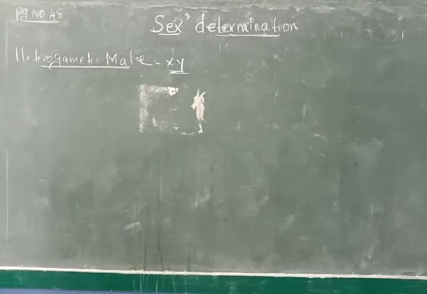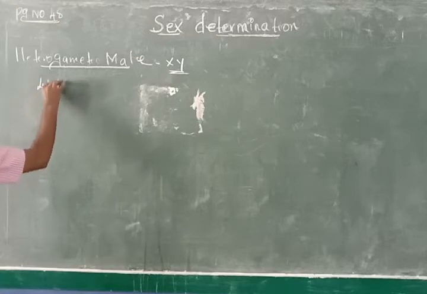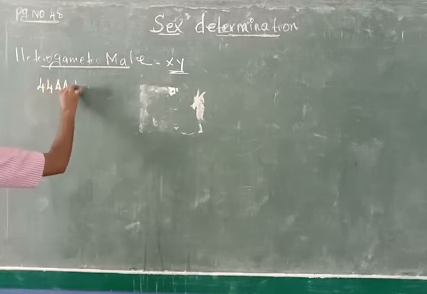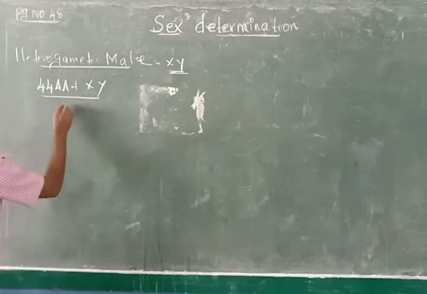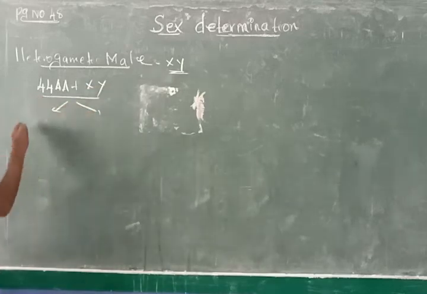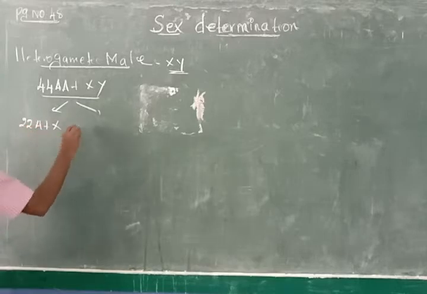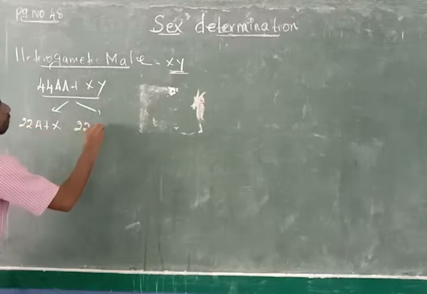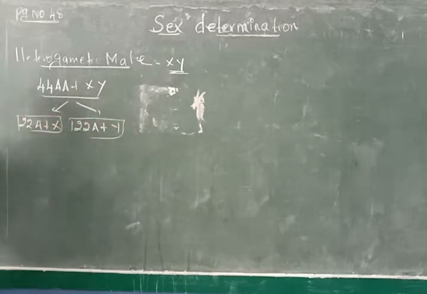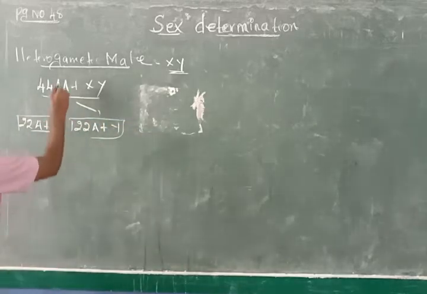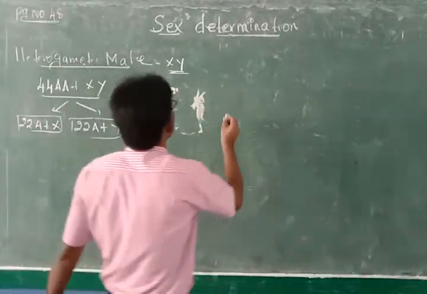Is that clear? Right. So now what we talked about is 44 autosomes plus X and Y chromosomes. When reduction division occurs, it gives 22A plus X and another 22A plus Y. So this is one set and this is another set of chromosomes. This is all the heterogametic male.